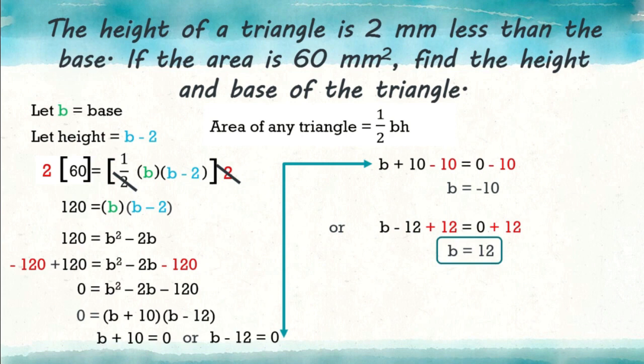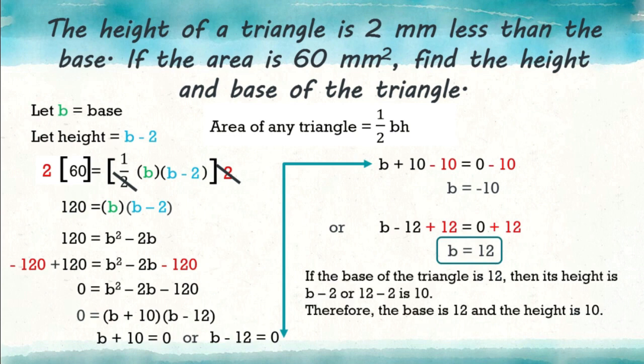We cannot accept negative integers in real-life situations. Therefore, if the base of a triangle is positive 12, then its height is b minus 2, or 12 minus 2 is 10. Therefore, the base is positive 12 and the height is positive 10.